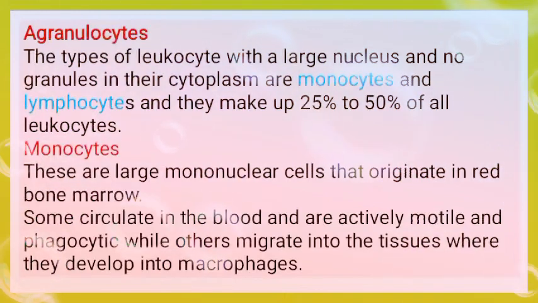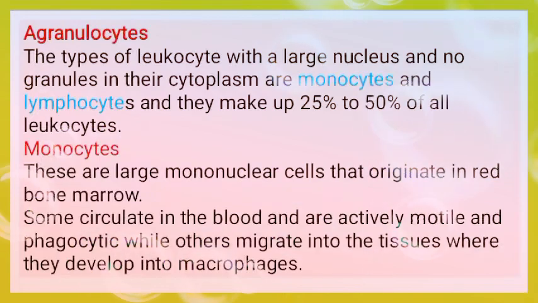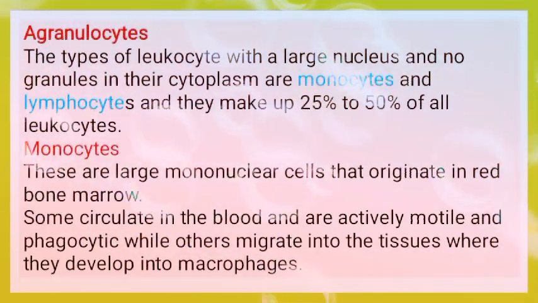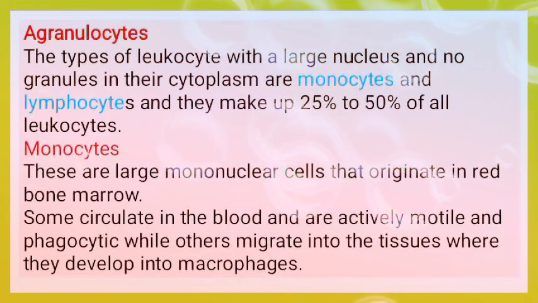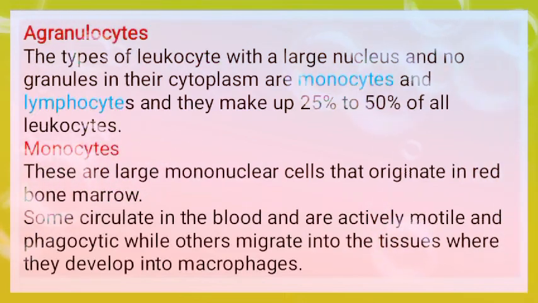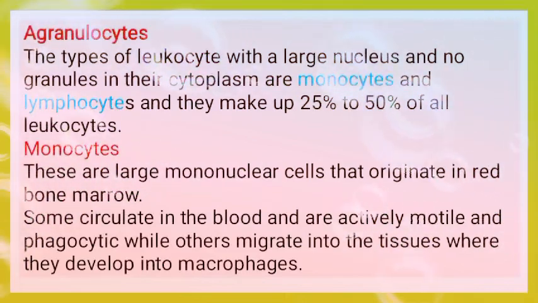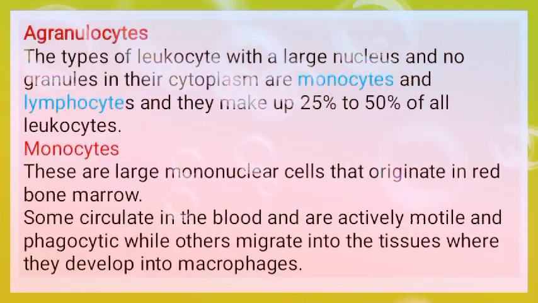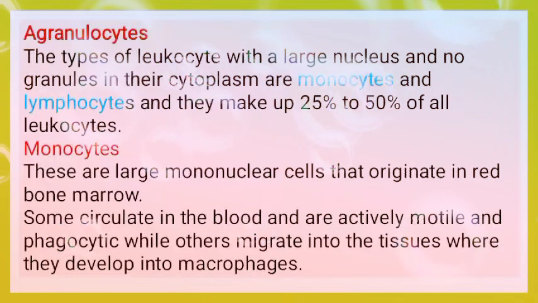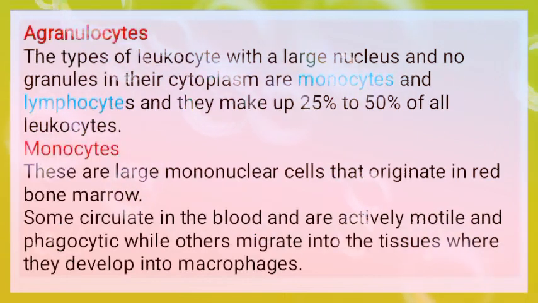The function of these monocytes, actually, is that they play a role in the phagocytic mechanisms, just like the neutrophils, just that they play the role when the neutrophils fail to eradicate the presence of microorganisms. So we're saying that they are larger mononuclear cells that originate in the red bone marrow.